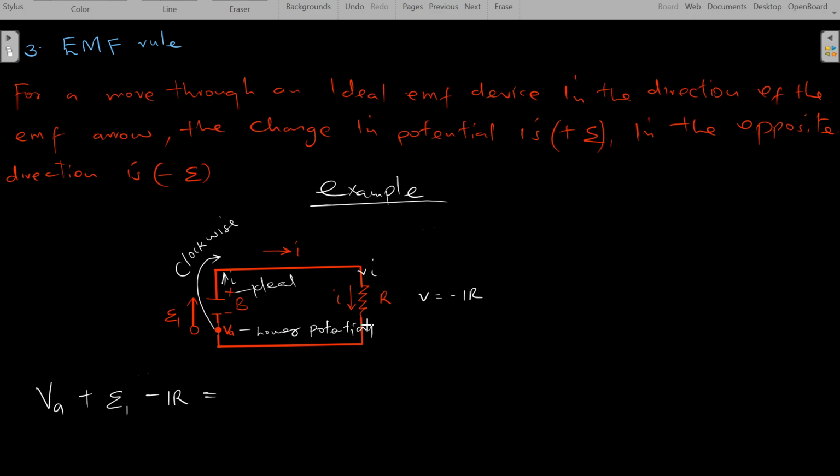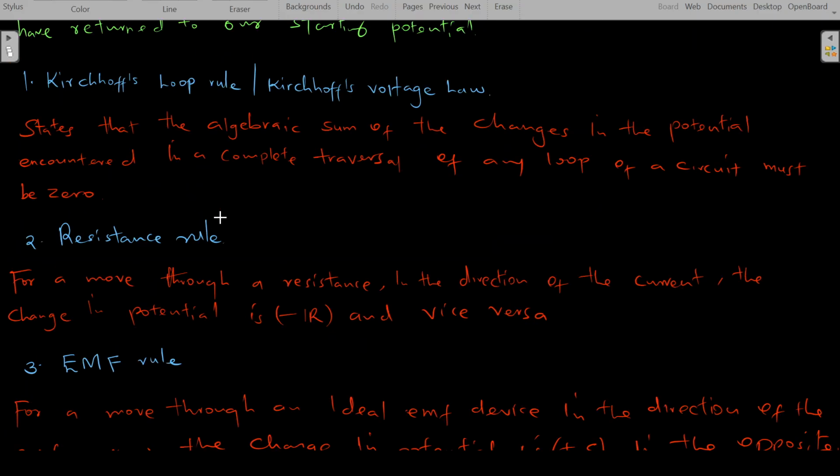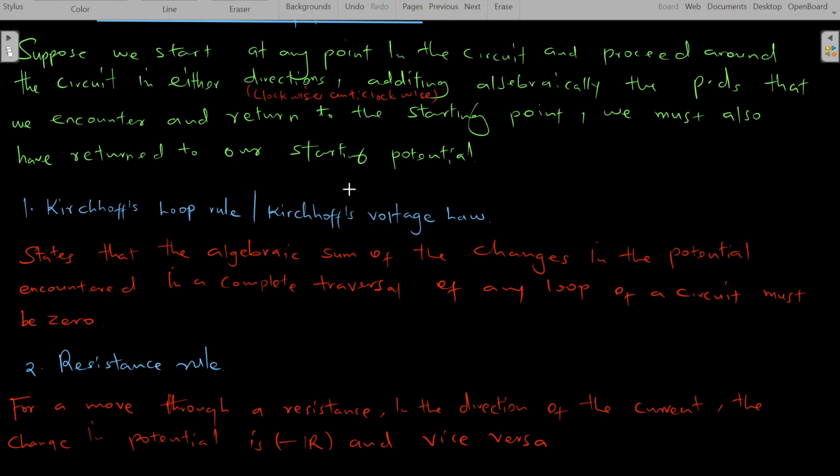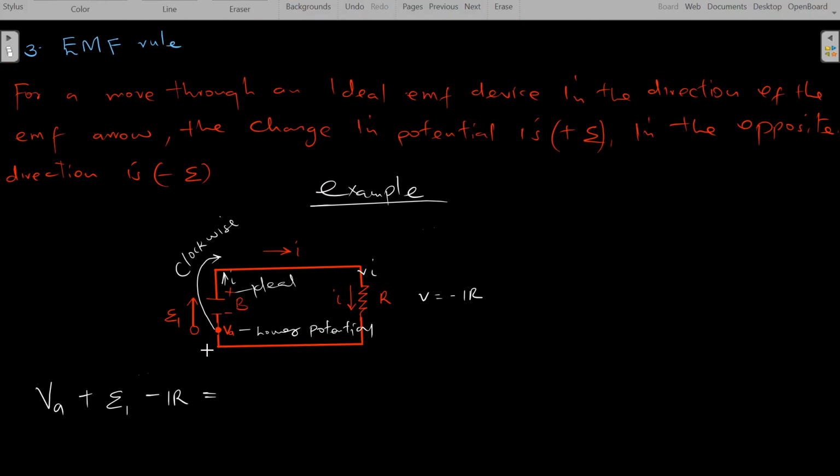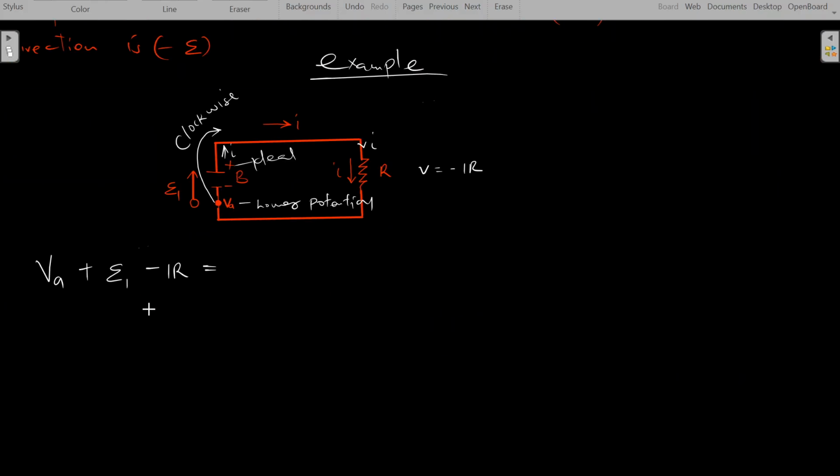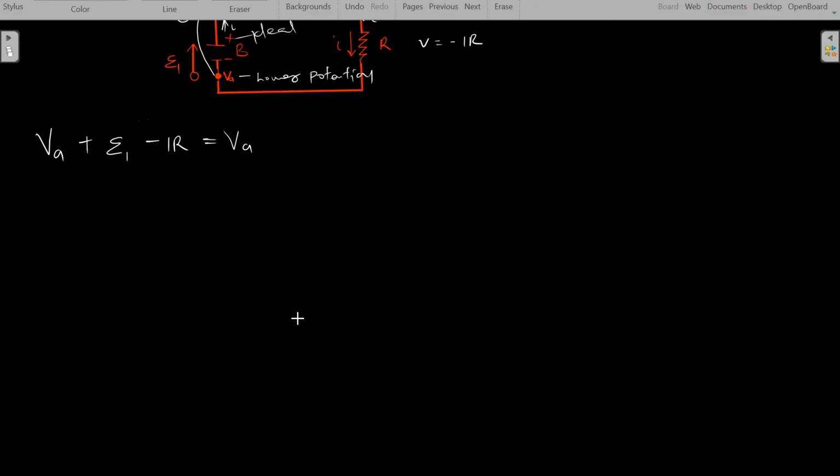So we'll equate that. We should come back to our starting potential. All these traversal changes, this algebraic summation, should come to our starting potential, which is VA.